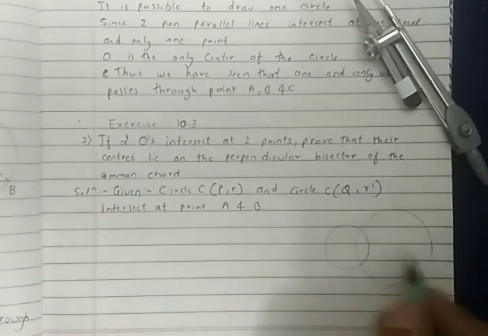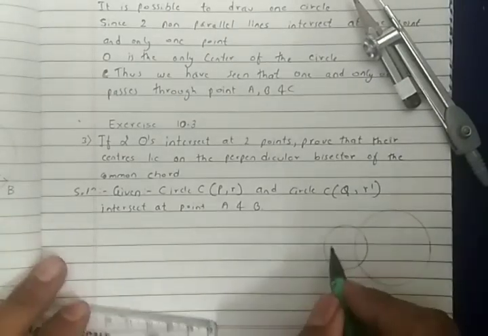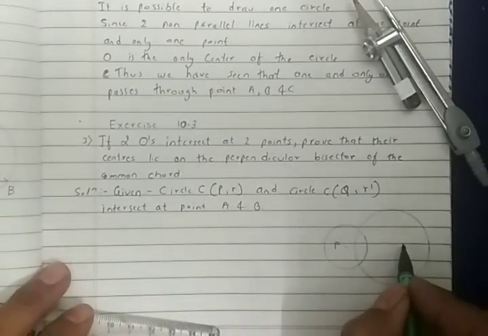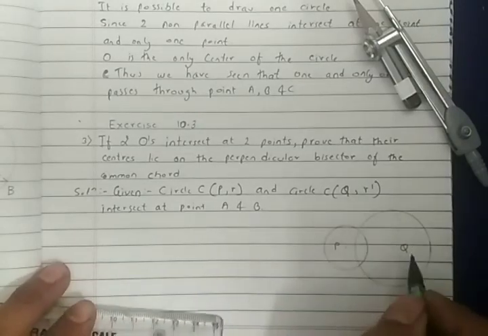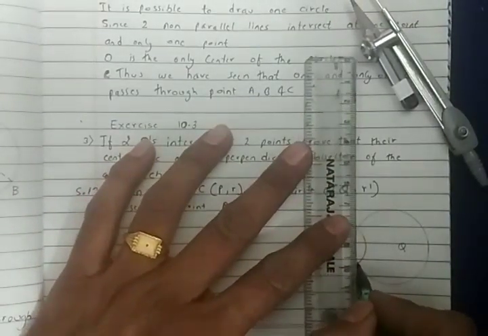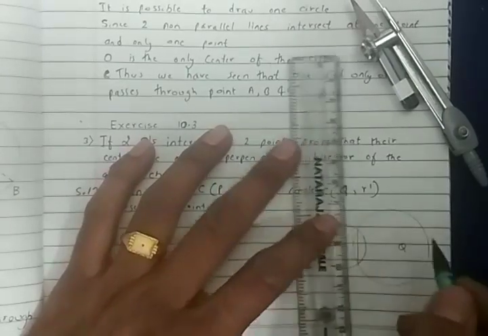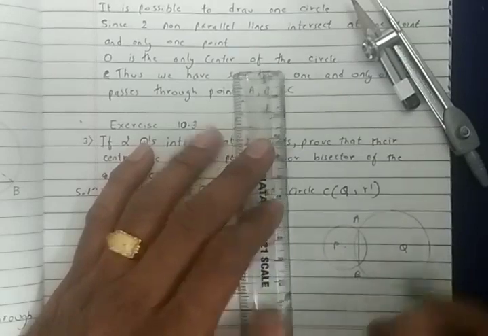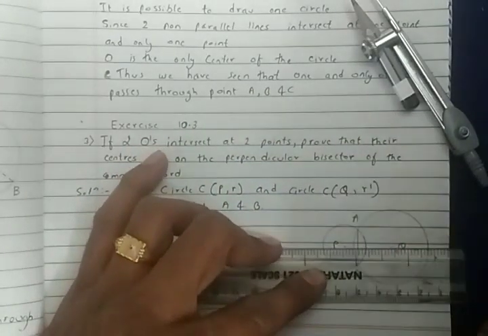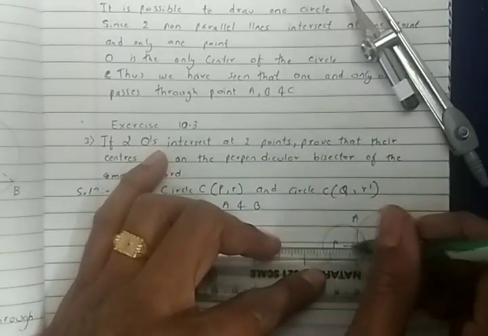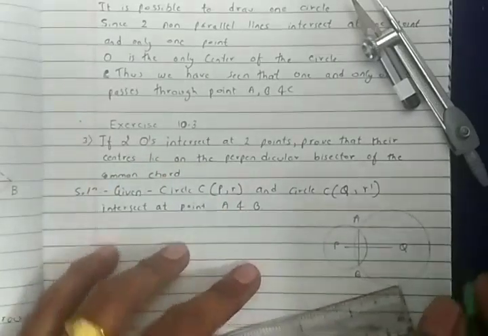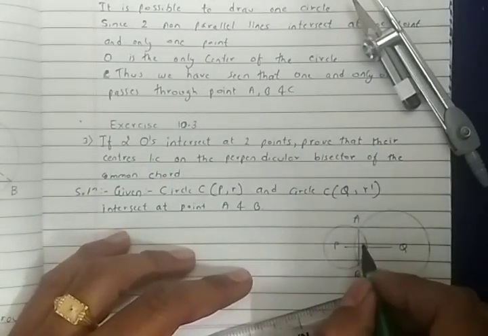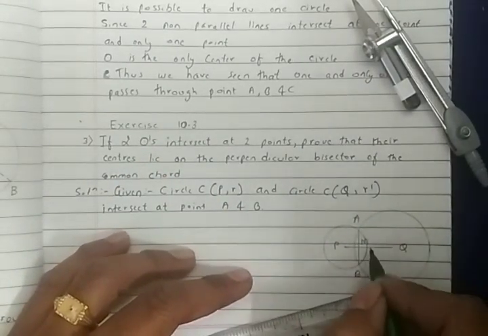Now we have drawn two circles with center P and center Q with radius R and radius R dash. They meet at one common chord. Let us name that as AB, and let us join the centers of both the circles, and they meet the chord AB at point M.